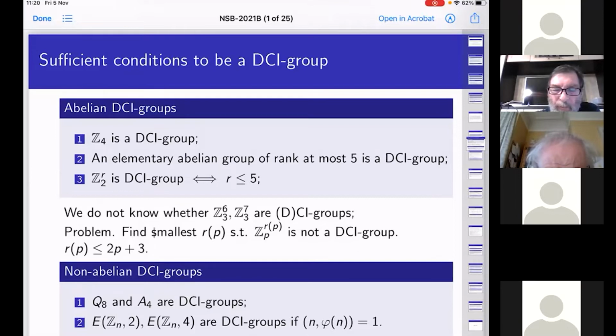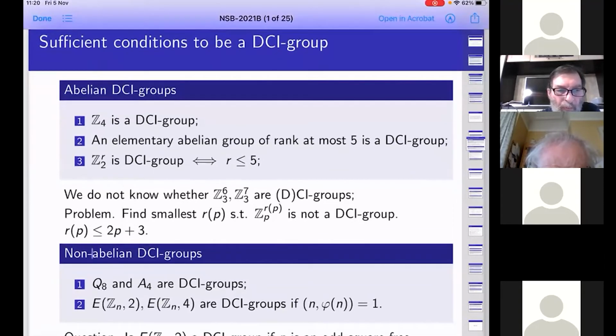Among non-abelian groups, what was known as a sufficient condition is that one can check these small groups, they are DCI groups.